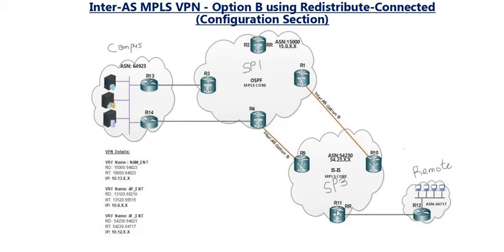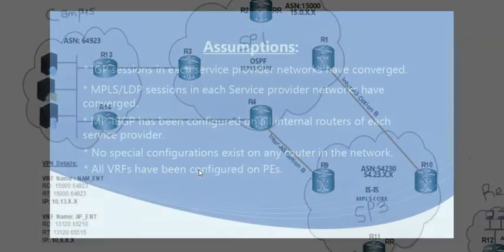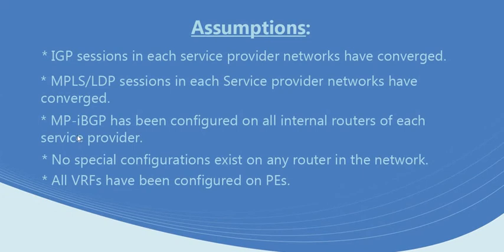R11 also is able to reach R12 because that is part of the assumptions in this case. And like you see in this assumption, multi-protocol IBGP has been configured on all internal routers of each of the service provider. There are no special configuration existing on any of the routers in the network, and all VRFs also have been configured on the PEs.